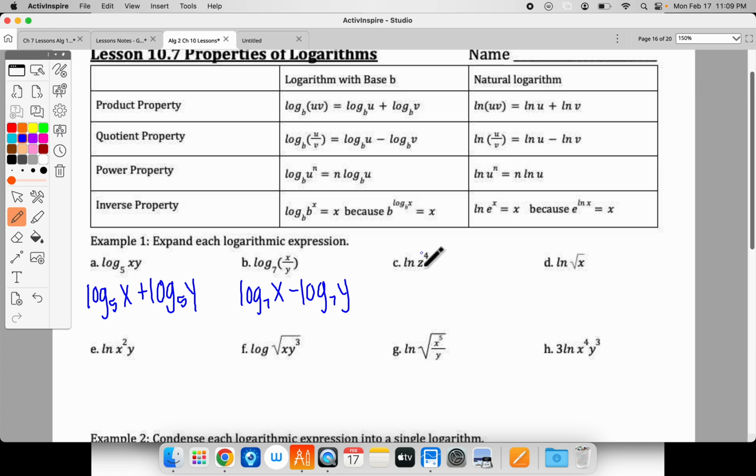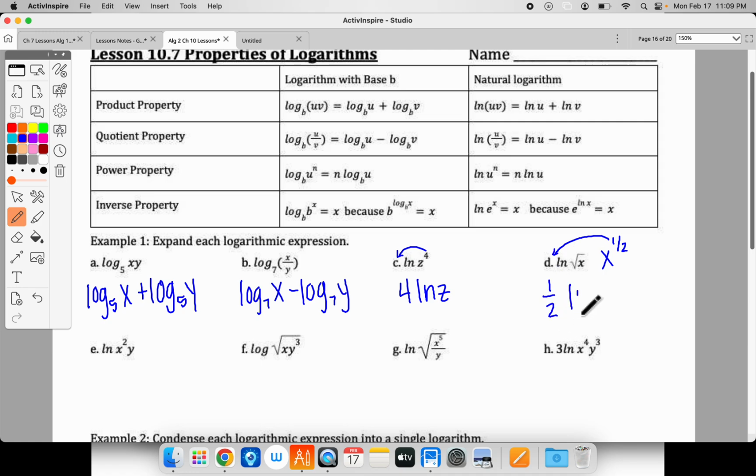When you have an exponent on your variable, those exponents are actually multiplication. So those can actually just come out front and be rewritten as multiplication. Pretty simple. Roots are just exponents. A square root is an exponent of 1/2. So that exponent can just come out front.